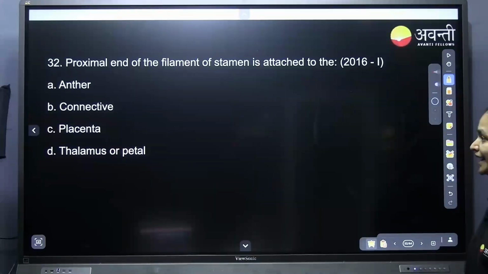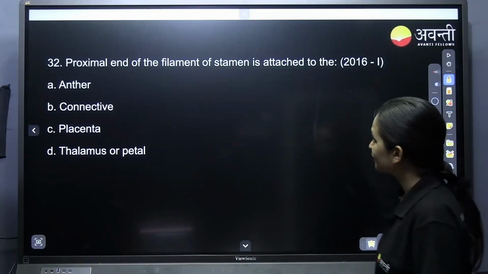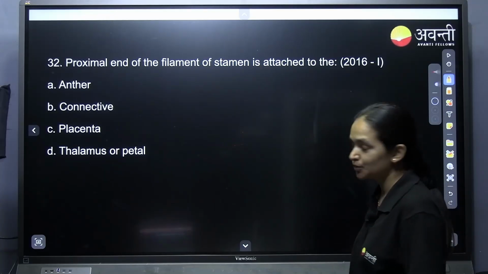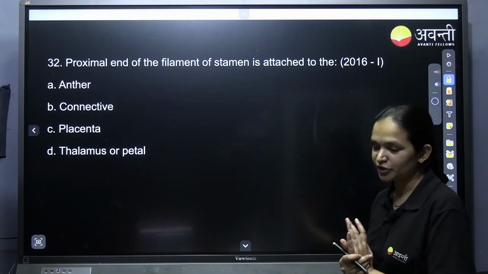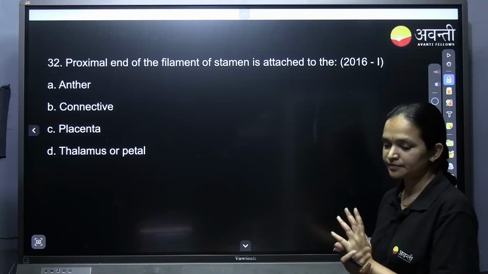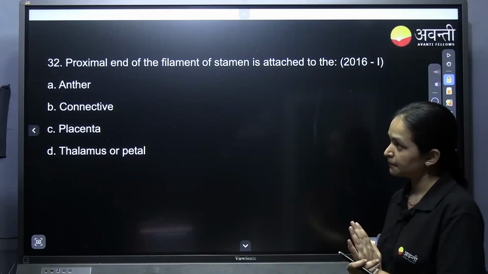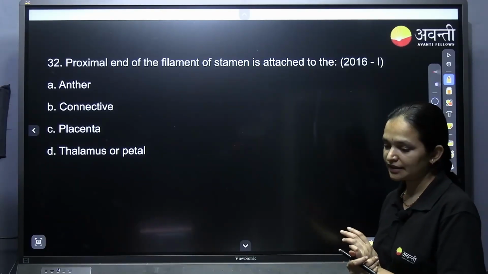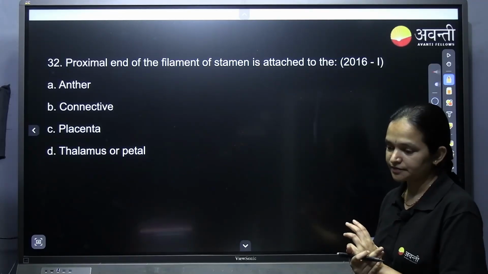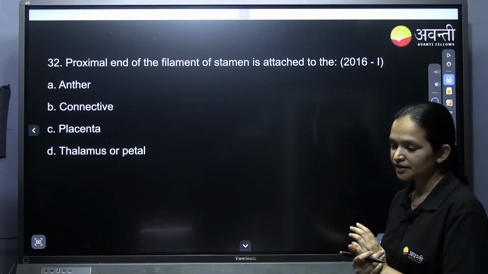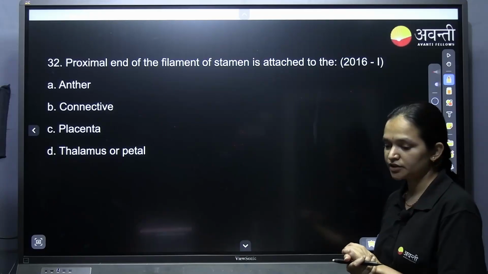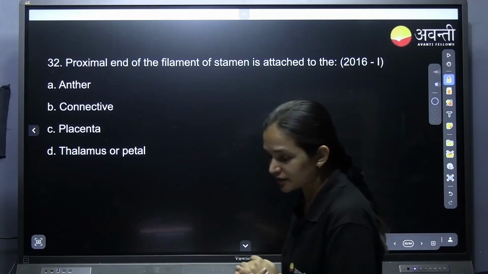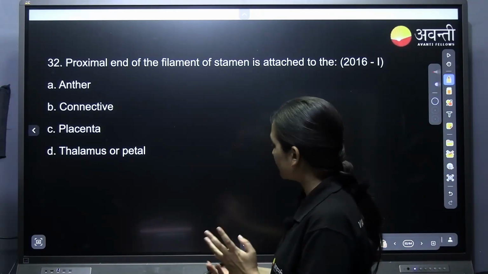Proximal end of the filament of stamen is attached to... It's a good question. Tell me. Proximal means near end. D, thalamus or petal.